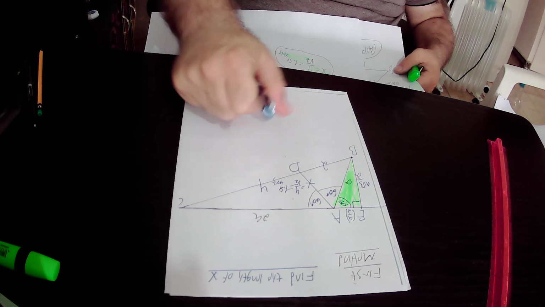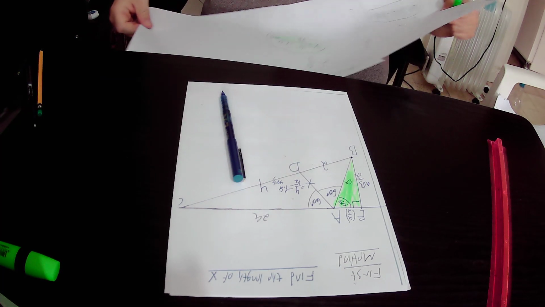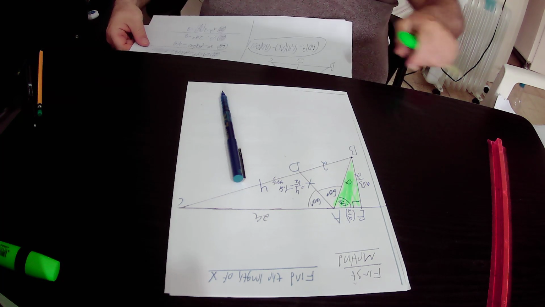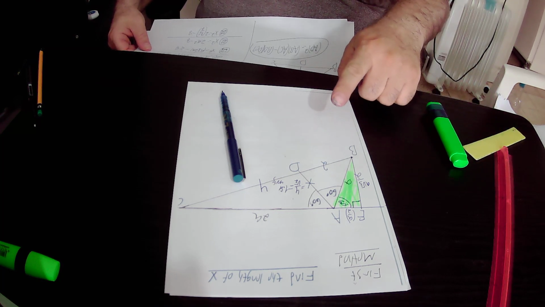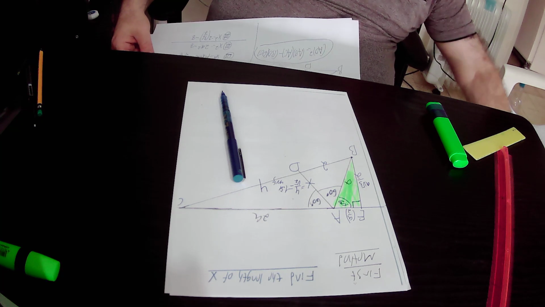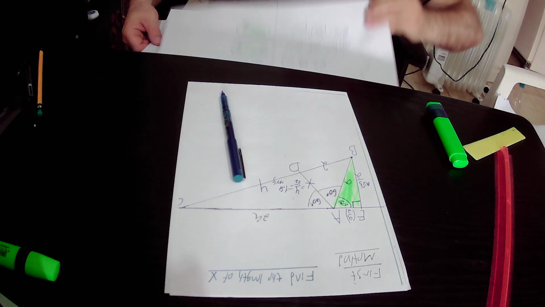We finish with the first method. In the next step I will present to you how to find the length of side AD, that is x, according to the second method.